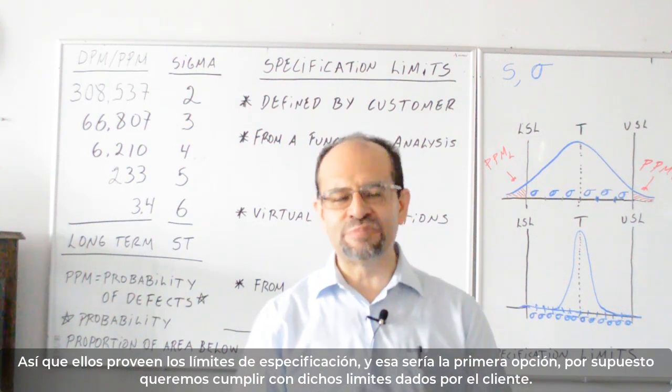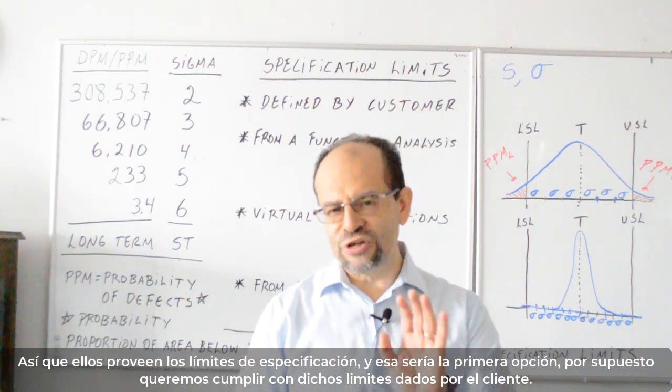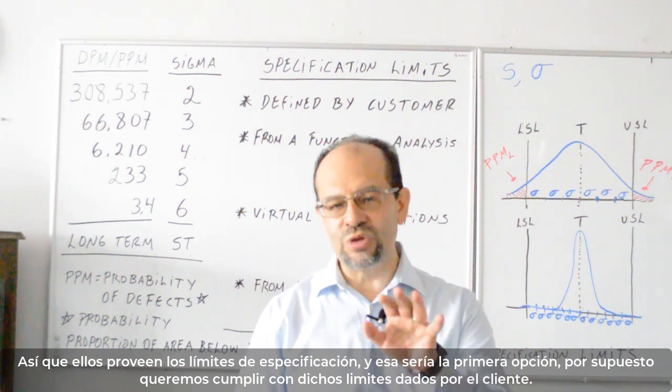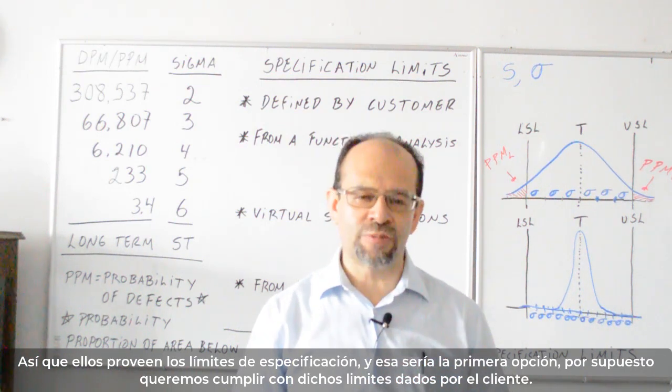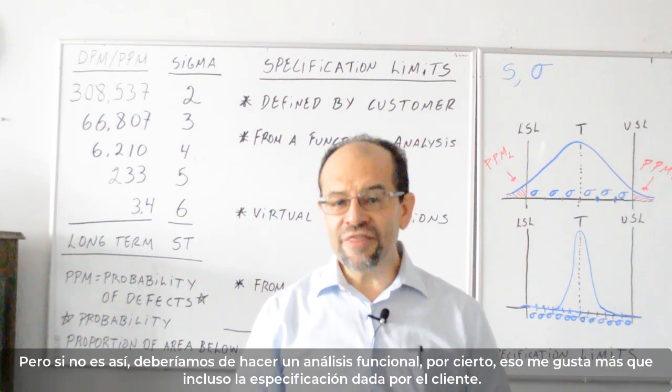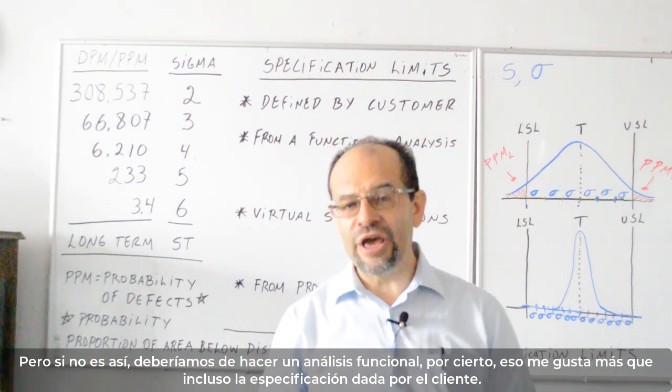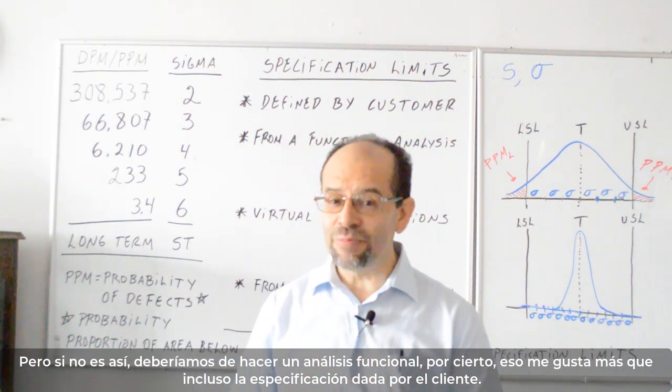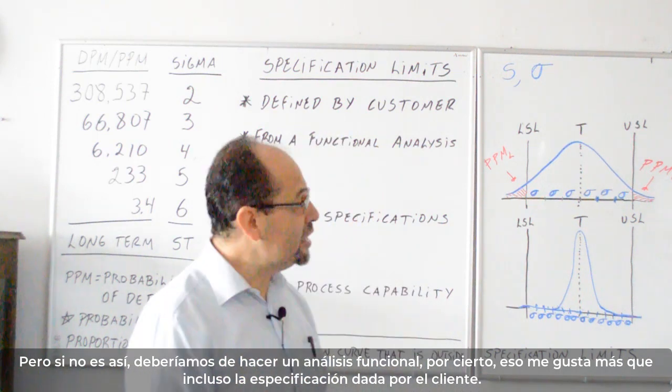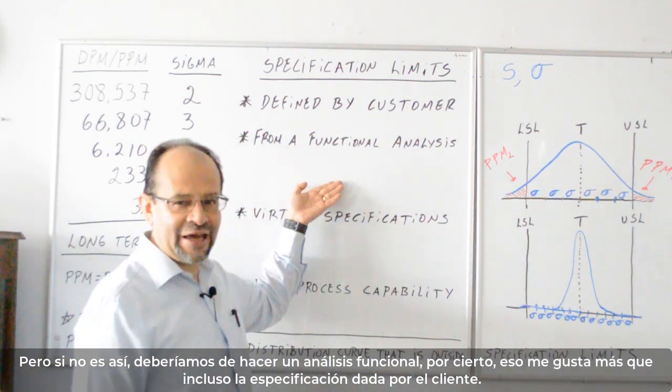So they provide the specification limits, and that is the first option. Of course, we want to comply with them. But if not, the best way, and in fact I like it better than limits given by the customer, is to do a functional analysis.